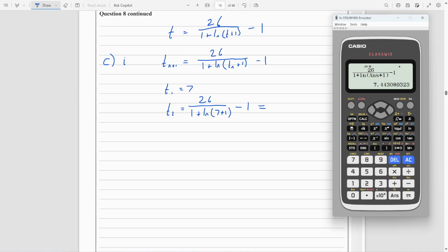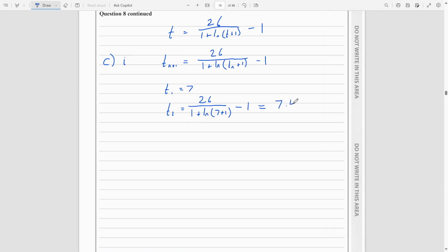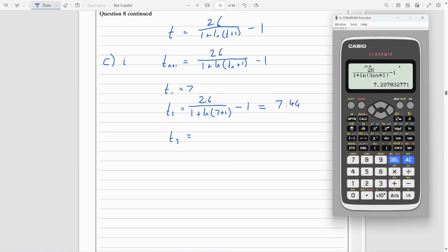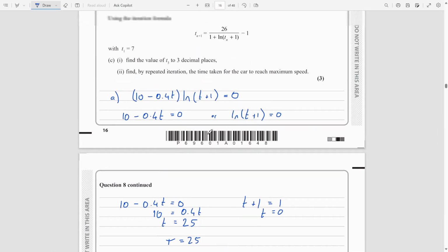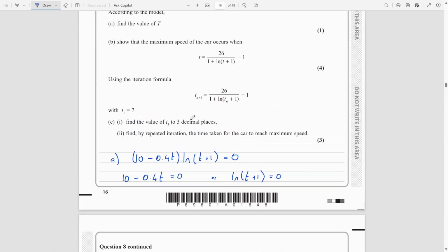So T2 is 7.44. Now for T3, I don't need to key anything in again. I just hit equals again. So 7.30. So that's the first part done. I've found T3 to 3 decimal places.